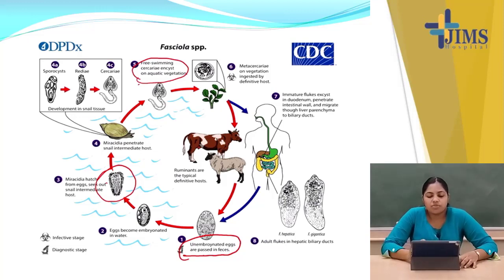When these water plants are consumed by humans, cattle or goats, the larvae enter the gut wall and the liver of the definite host, and from there the adult worm develops, and the eggs are passed from the definite host. This is how the life cycle repeats.